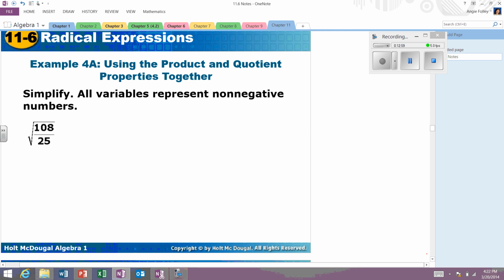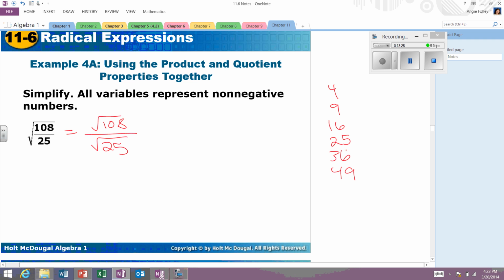So you can check, but 25 and 108 are not going to simplify. So I'm going to rewrite this as the square root of 108 over the square root of 25. The square root of 108, okay, you want to check, what's the biggest perfect square that goes into it? Of those ones, 4, 9, 16, 25, 36, 49, and so on.